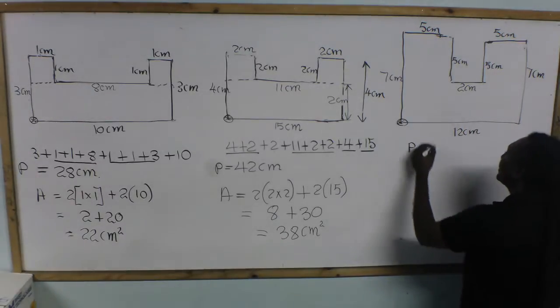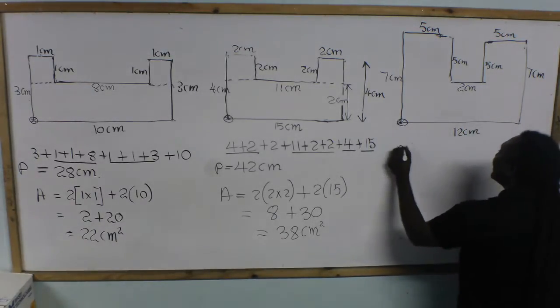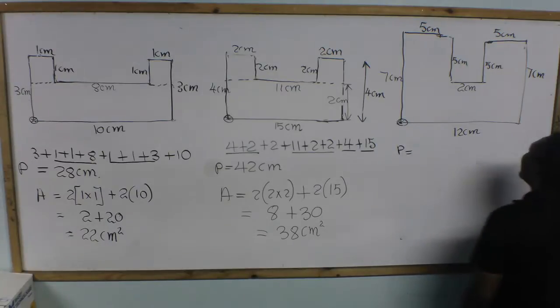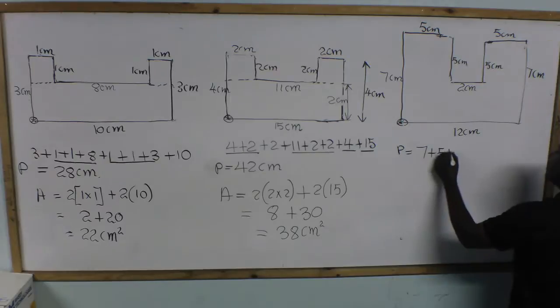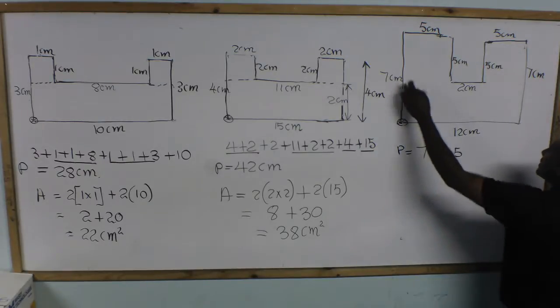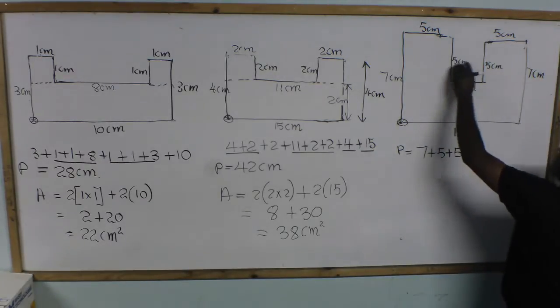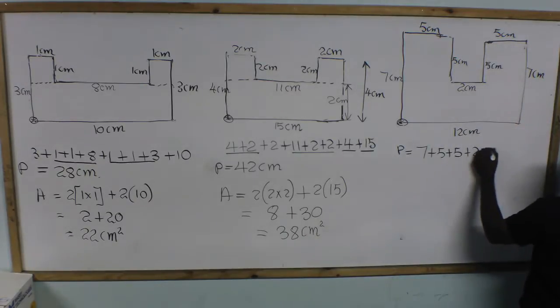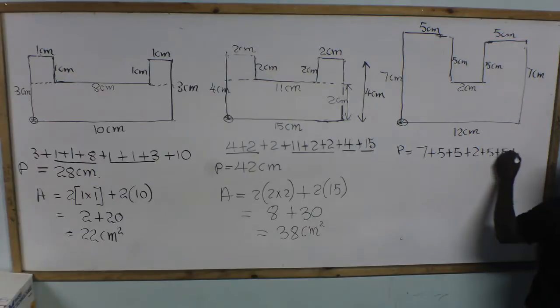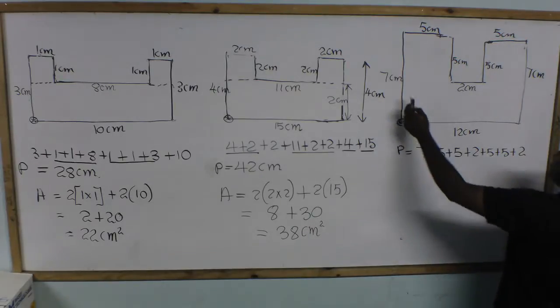So we have, for the perimeter, I know that the length of the sentence is going to be long. 7 plus 5 plus 5, so 7 plus 5 plus 5 plus 2 plus 5 plus 5 plus 2 plus 5 plus 5 plus 7.